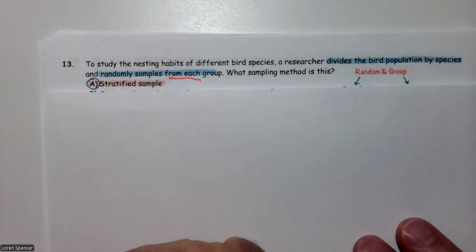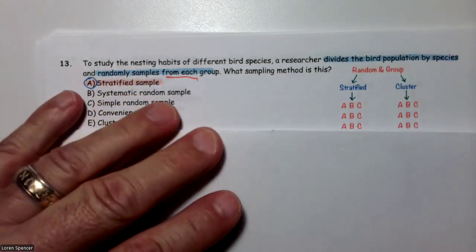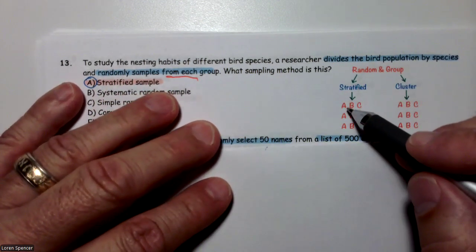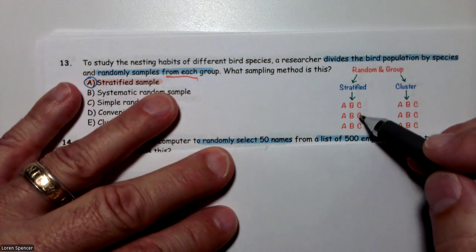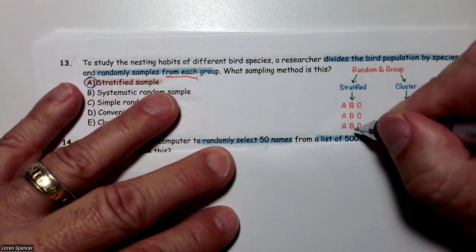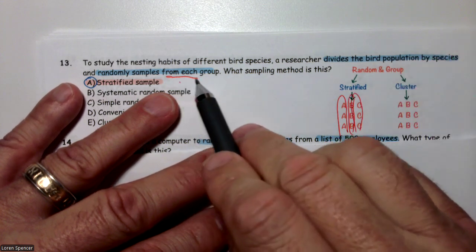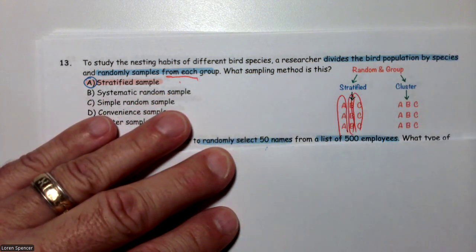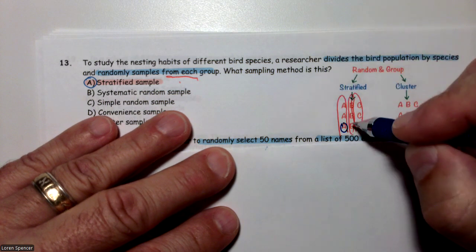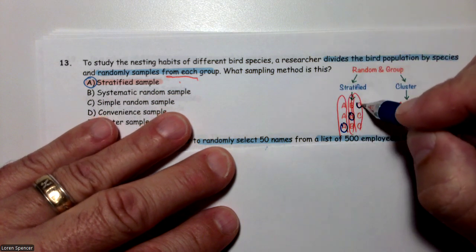To study the nesting habits, so we broke them into groups by species. So we have the A species bird, the B species bird, and the C species bird. So these are my species. And I randomly select from each group. Oh, I randomly selected this bird from this group, this bird from this group, and this bird from this group.